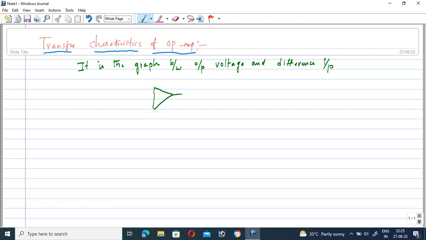Okay, so we know that generally an op amp can be represented like this, with inverting and non-inverting inputs. I will consider V1 and V2, plus and minus, and the output V naught. We know that V naught is equal to the open loop gain AOL into V1 minus V2.